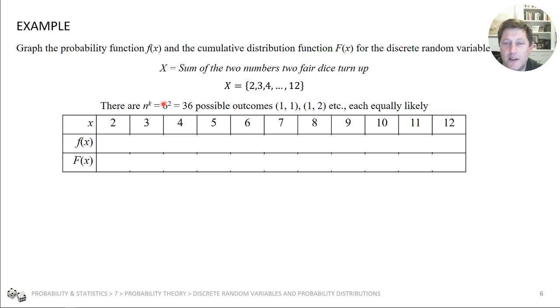Yes, there is replacement, and so our total number of outcomes is n to the power k, which is 36, which we covered in the permutations and combinations lecture last week. So these are possible outcomes, and what's the probability of each one happening? Well, you can count the number of ways in which you can get a 4, the number of ways you can get a 5, the number of ways you can get a 6, and so on, from the possible combinations of dice.